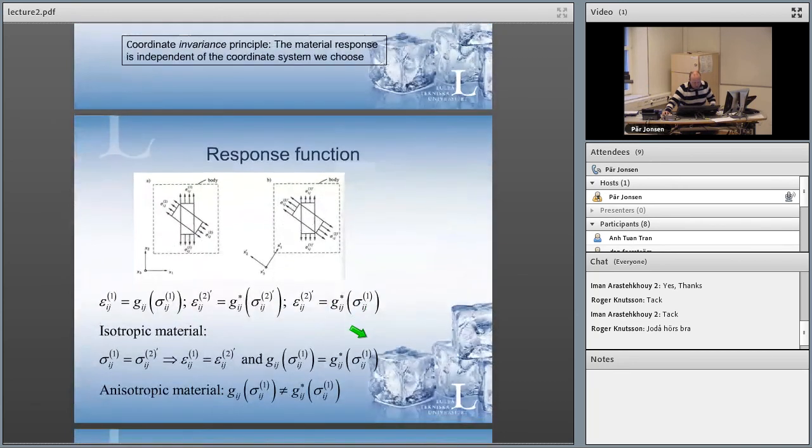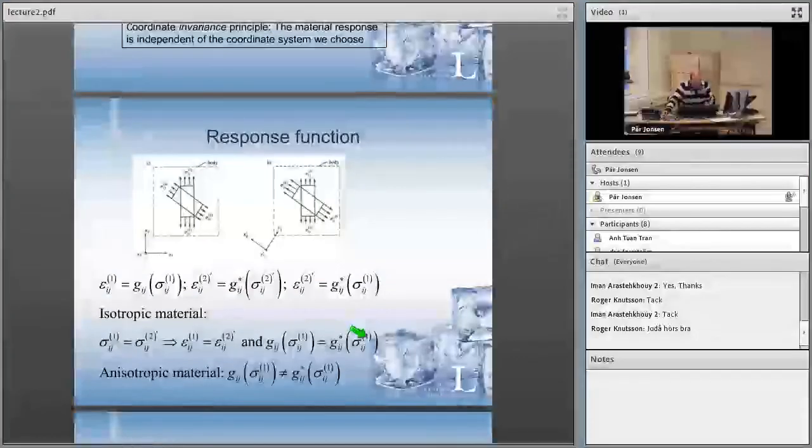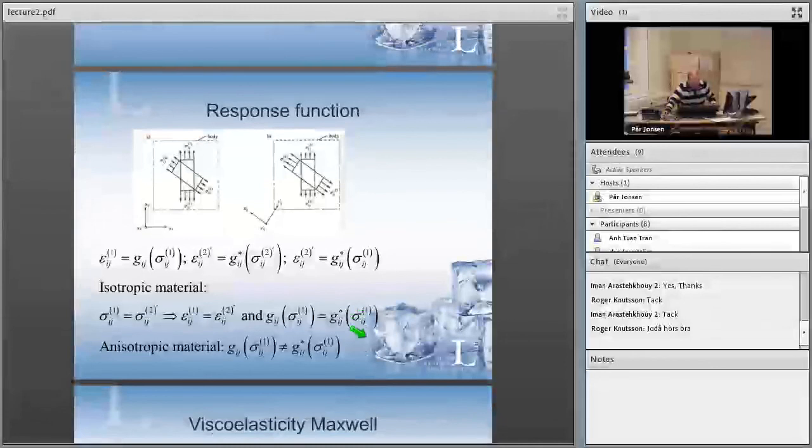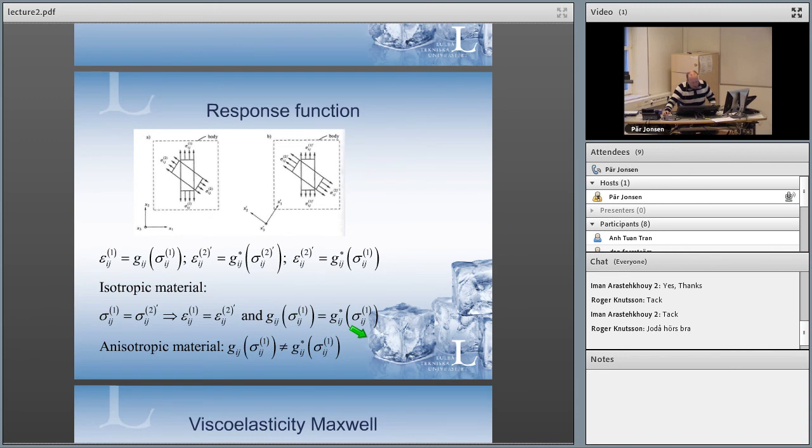So in the book they have this figure. You can check it out and read this quite carefully. You have the response function, which is this G. And if the material is isotropic, you know that if you change the measure, but you have the same loading in the material as you have here, for example, sigma ij for the first coordinate system and for the second coordinate system should be the same.